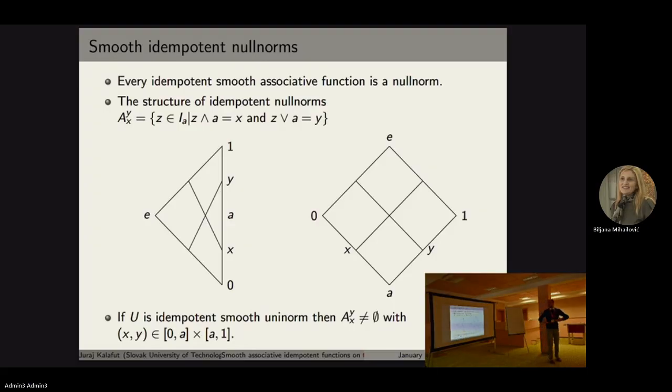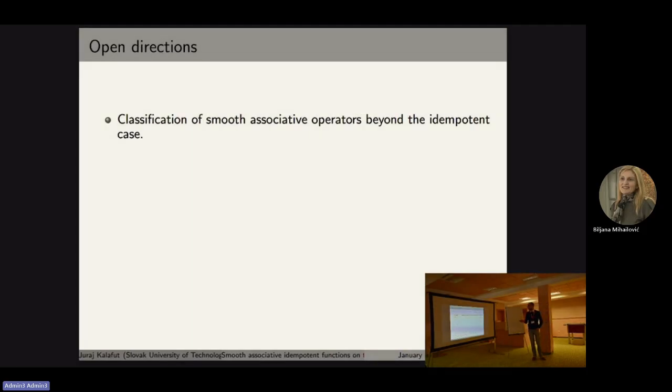And finally, it seems that the structure in the case of smooth idempotent null norms is pretty simple. They usually have only one element possible, but there might be some exceptions, so I'm careful to claim it for all points. And that was the main idea.